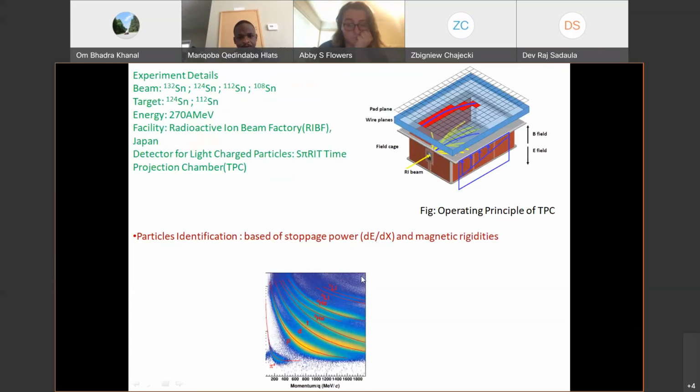If you look at this PID picture, different particles fall in different regions. Based on this, we can say that the pion region is this. You have proton, deuterium, tritium, helium and other particles over here, and we are interested in this region where we get pions. This is how we do the particle identification based on these two parameters.